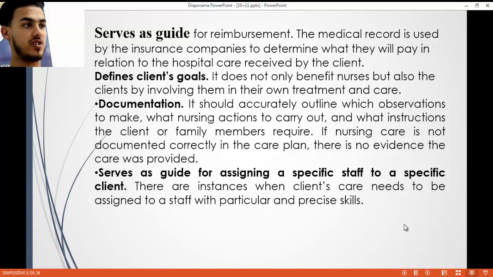If nursing care is not documented correctly in the care plan, there is no evidence the care was provided. It also serves as a guide for assigning a specific staff member to a specific client. There are instances when a client's care needs to be assigned to a staff member with a particular and precise skill. So, the nursing care plan determines the nature of the nurse needed for the job.